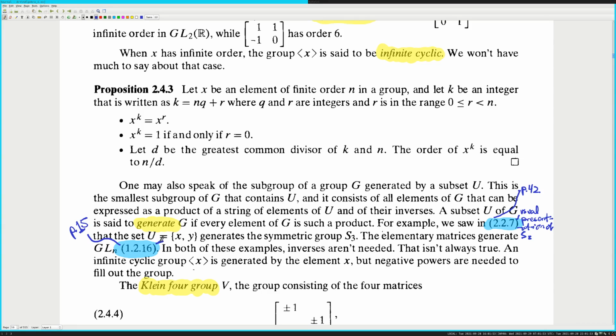That's a consequence of 1.2.16. Yeah, it says let A be a square matrix. The following conditions are equivalent. A can be reduced to the identity by a sequence of elementary row operations. A is a product of elementary matrices. A is invertible. So yeah, that makes sense.